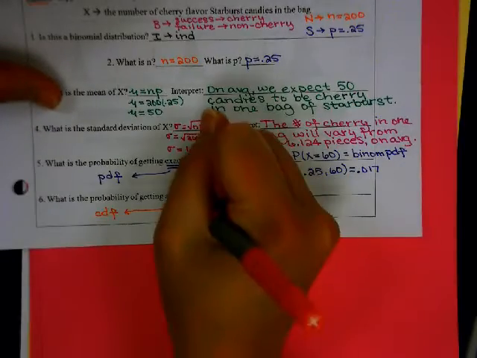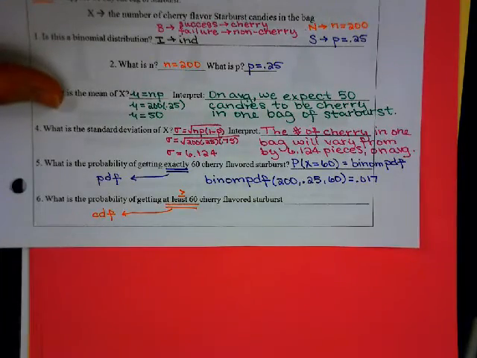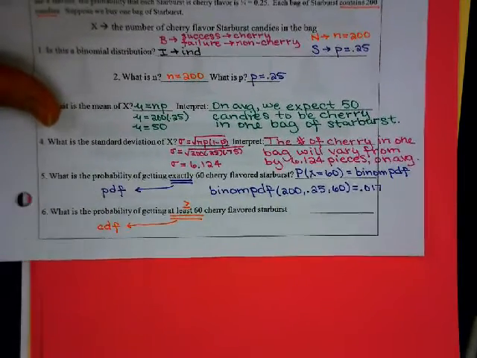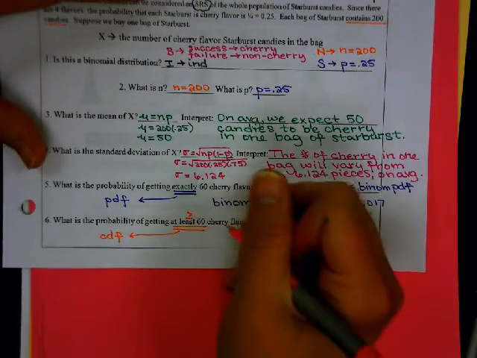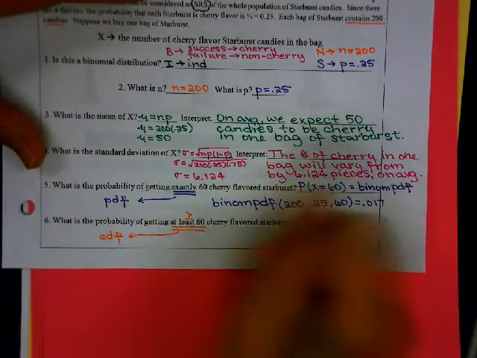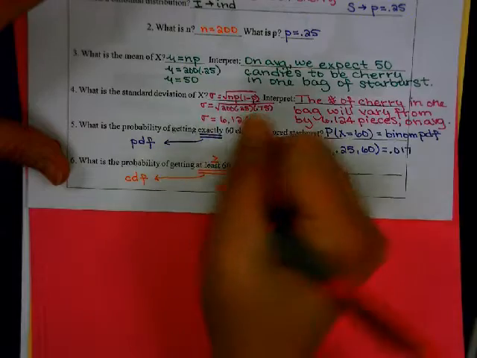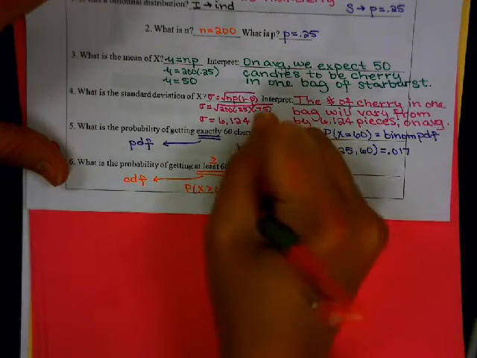So when I do this one, I'm going to have to use our complement rule. Remember, we're going to subtract from 1, because CDF will tell me at most, the less than. So if I want to know greater than, I subtract from 1 to get the opposite. So the probability that x is greater than or equal to 60 is 1 minus the probability that x is less than or equal to 59.